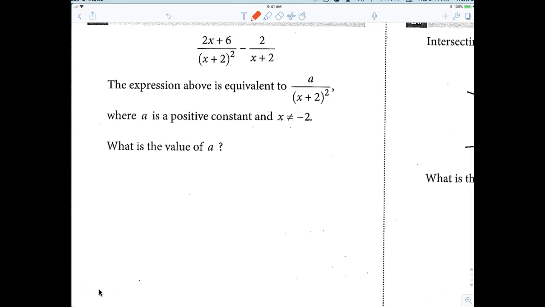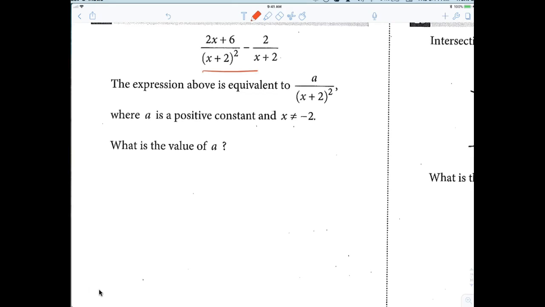Look, in order to add the fractions, you have to have a common denominator. True? Now, how did I know it was adding the fractions? Because it says it combines to that. Everybody agree? So those two things are equal. So now I have to add or subtract those two things. So the common denominator, do you agree, is x plus 2 squared?